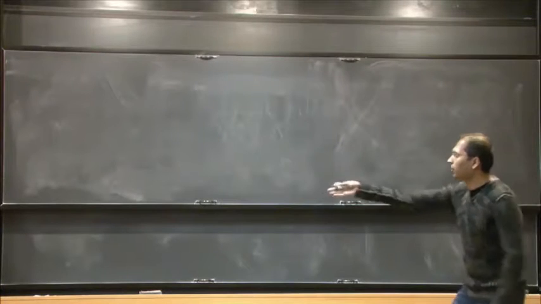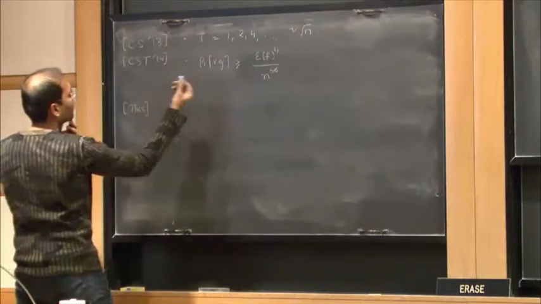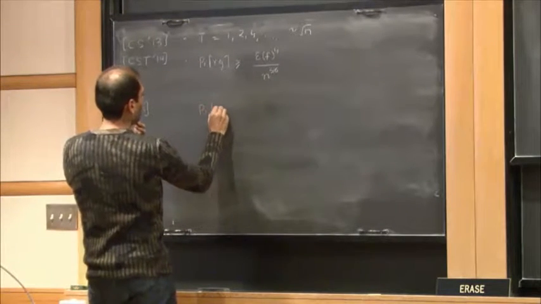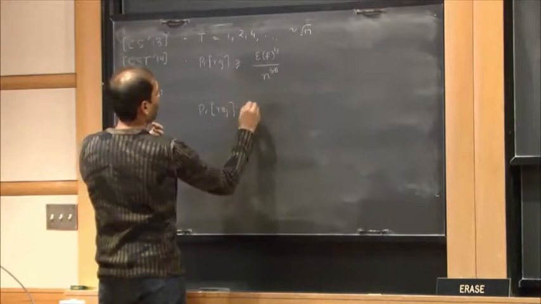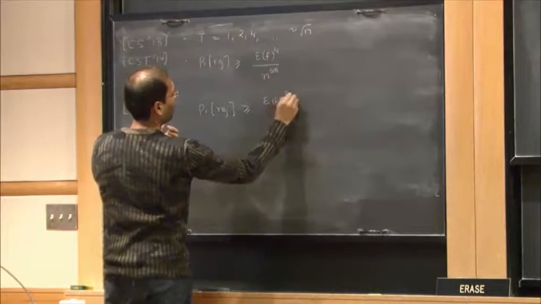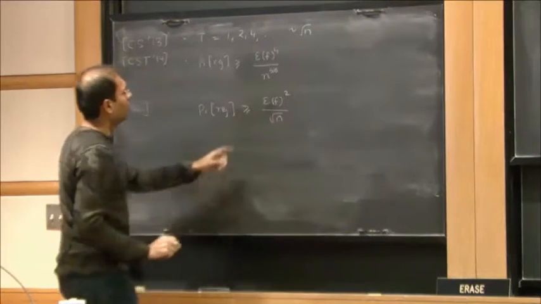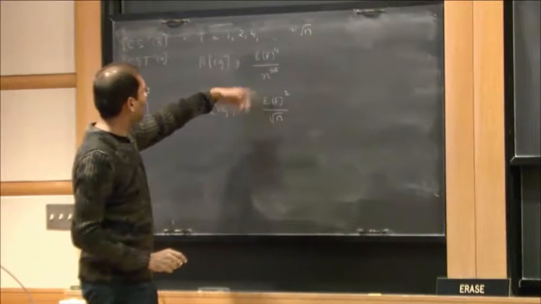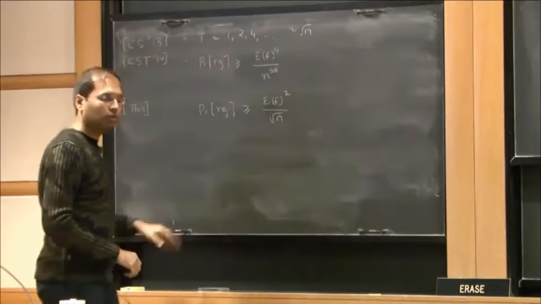Or maybe I could state the results first, and then we could do it the other way around. So what we do, this paper is the same thing. The probability of rejection is epsilon squared over root n. I'm ignoring constant factors and even log factors.